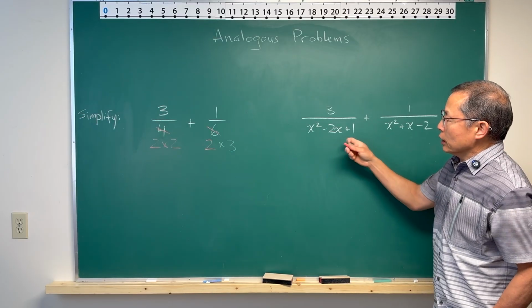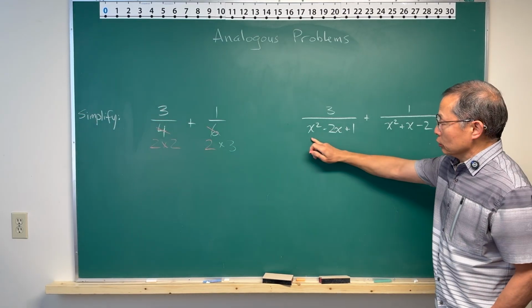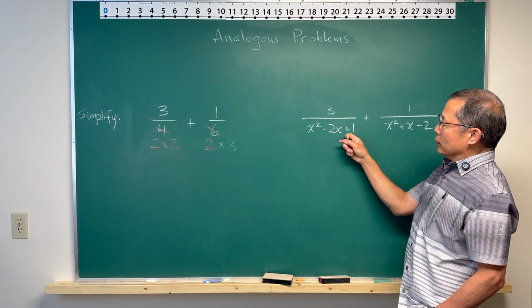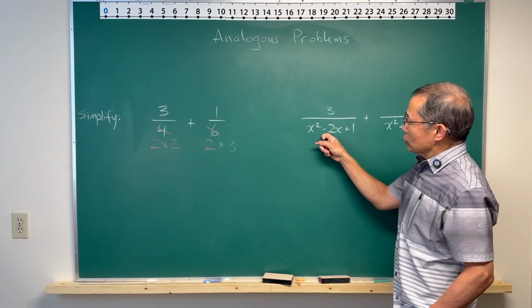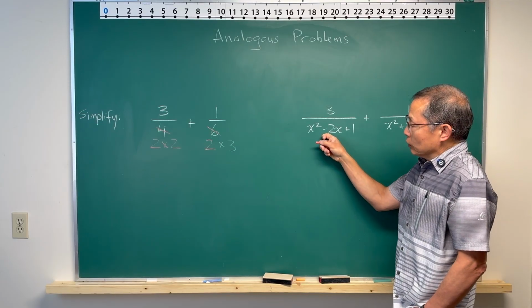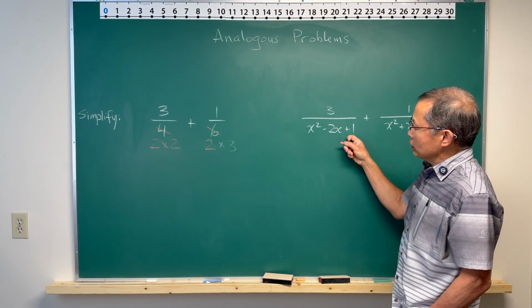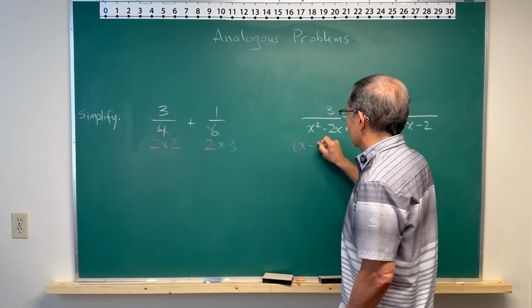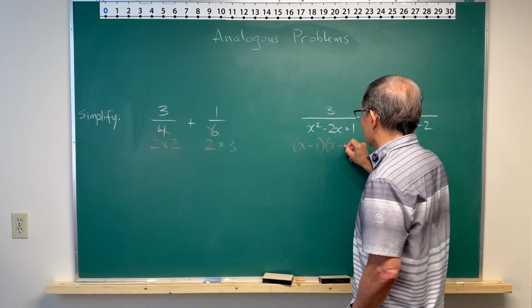So what we do is we take this denominator, and this is the grade 9 part, you learn how to factor these things. This is 2 numbers that multiply to 1, but add to give negative 2. So negative 1 times negative 1 is positive 1. Negative 1 plus negative 1 is negative 2. So this breaks down to x minus 1 times x minus 1.